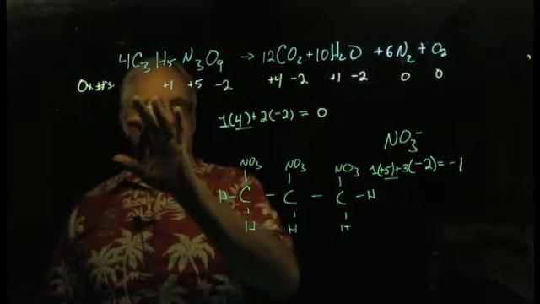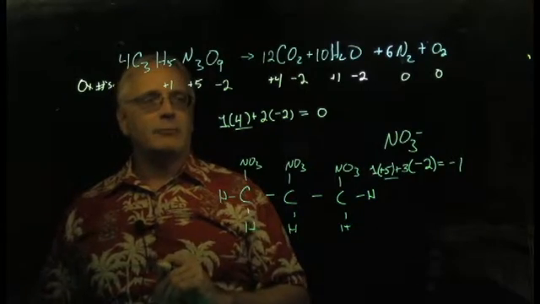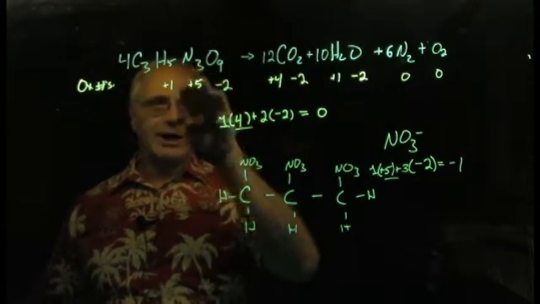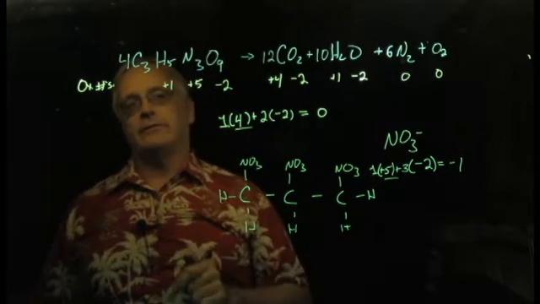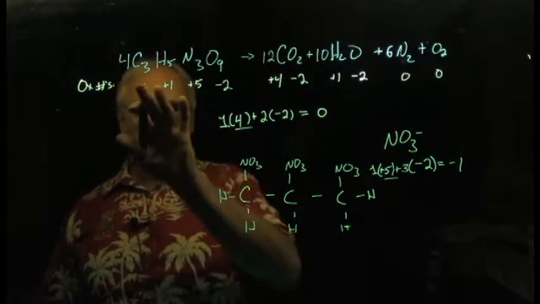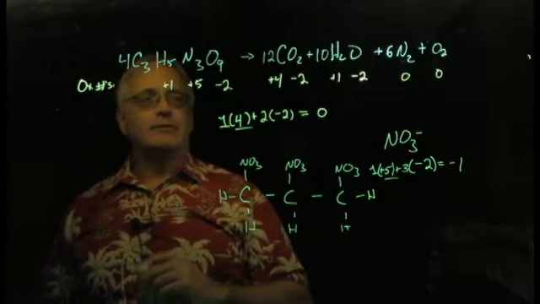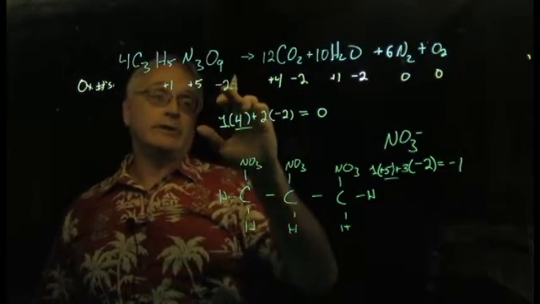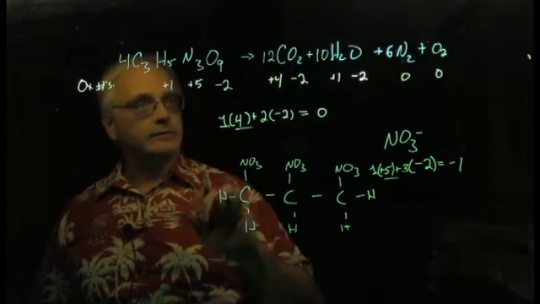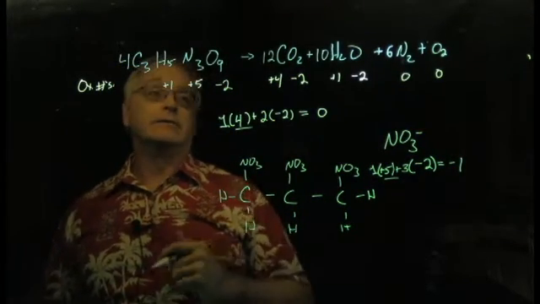But in order to determine these, I need to come up with the overall charge on each component in here. What I've got here are the oxidation numbers of these 3 atoms. But in order to get this one, I'm going to need to take into account the fact that each oxygen in nitroglycerin has a -2 oxidation number. There are 9 oxygens in there.